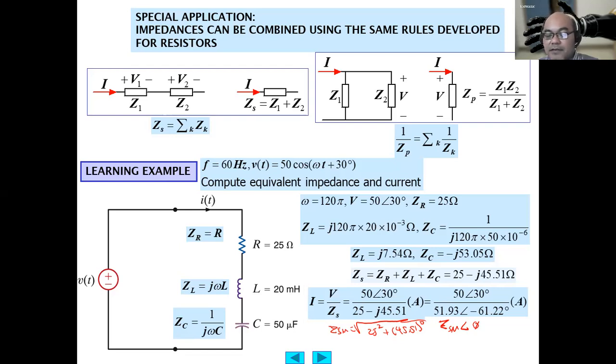Then take the square root of this: more or less 51.93. Yes, 51.93 is the magnitude.